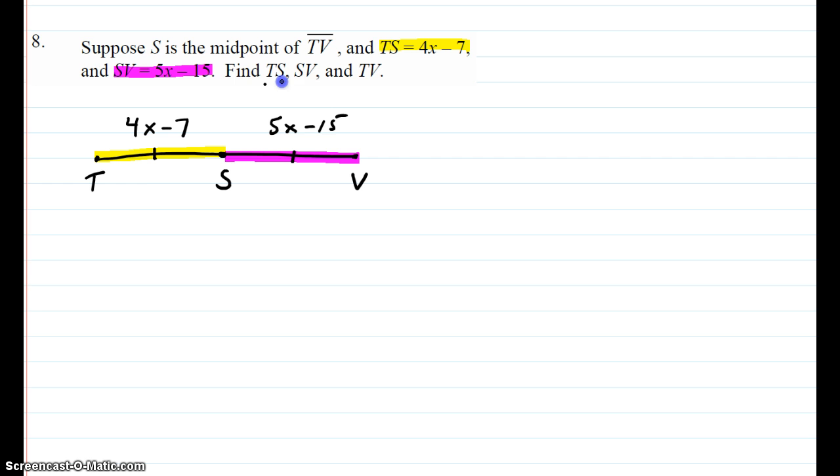And then find the length of all the pieces. Since S is a midpoint, that means that these two things are going to be equal to each other. So we can go ahead and set them equal and solve. I'm going to move the smaller one, the 4x.